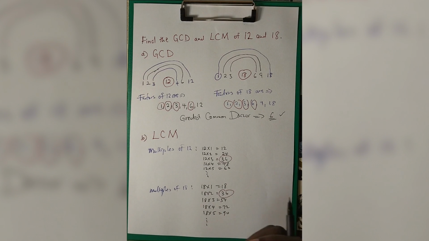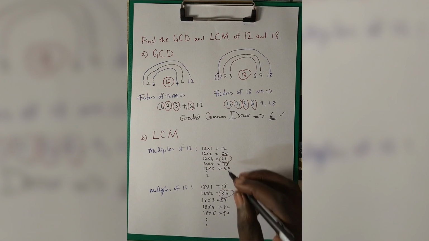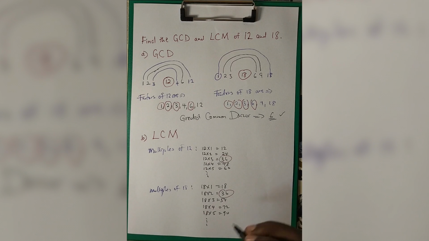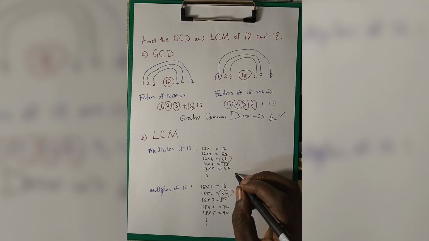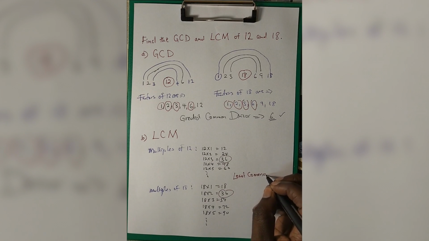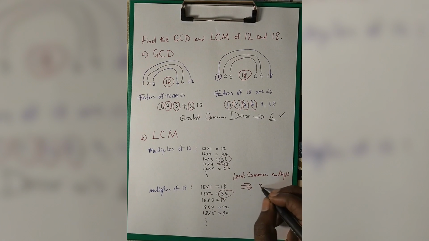We stop there, because these are the least common. Yes, there are other common ones, but we want the least. So the least common multiple is 36.